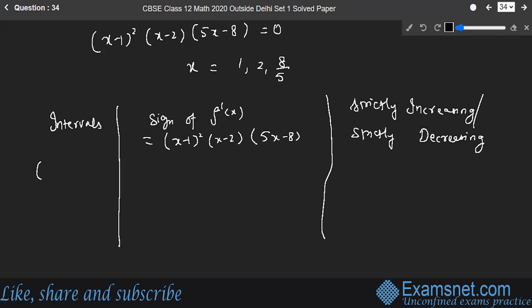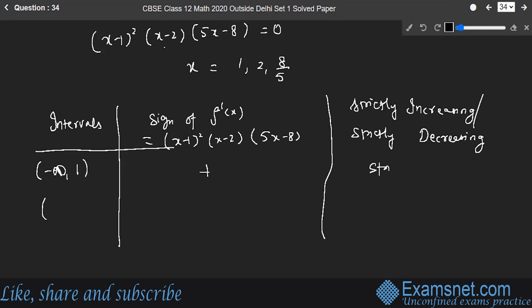So the first interval is minus infinity to 1. From minus infinity to 1, this will be negative, and this will be positive. That means it is strictly increasing.